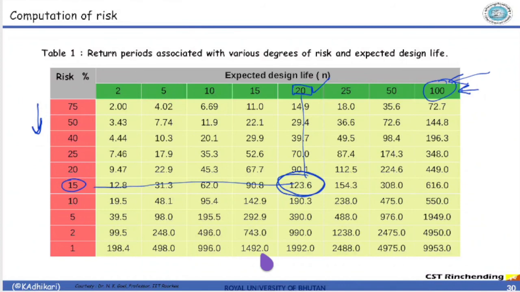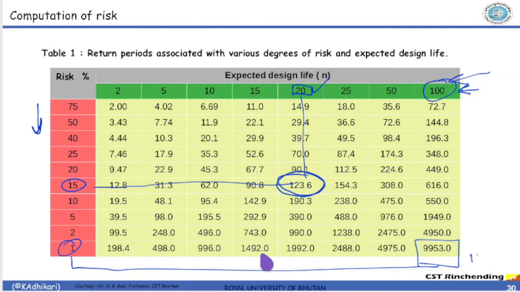Why we consider such long return periods is because the risk is very low. If you want to minimize the risk to just 1%, and you are designing for 100 years, then the return period of the flood that you have to consider is 10,000 years. If you consider a 10,000-year return period flood, then the risk is just 1%, okay?